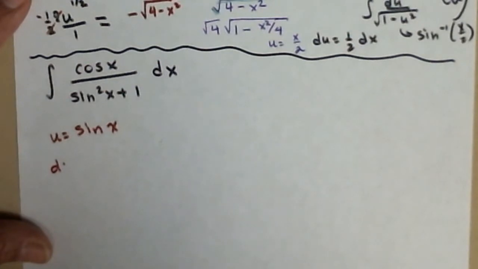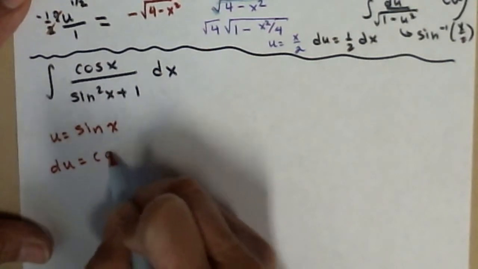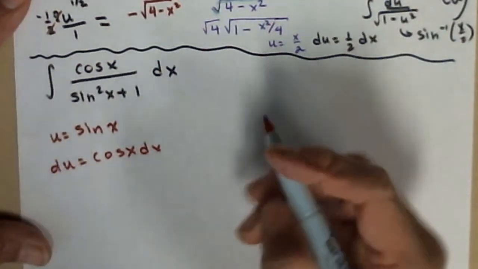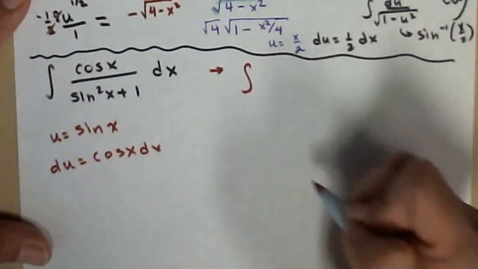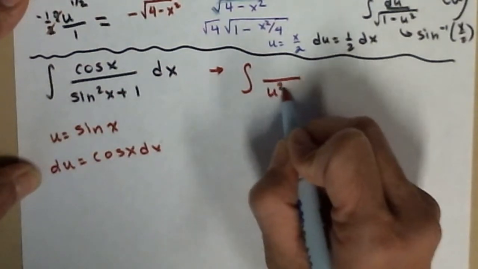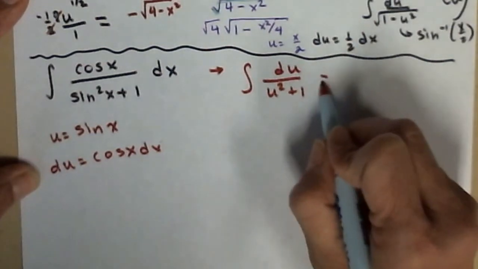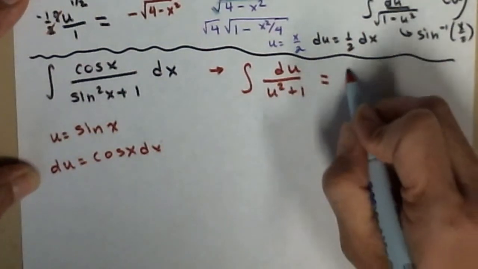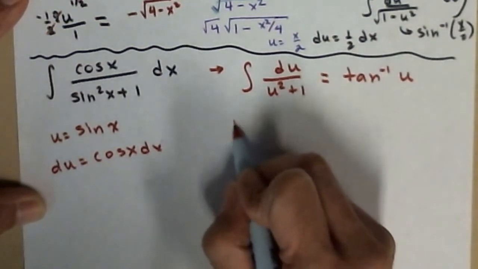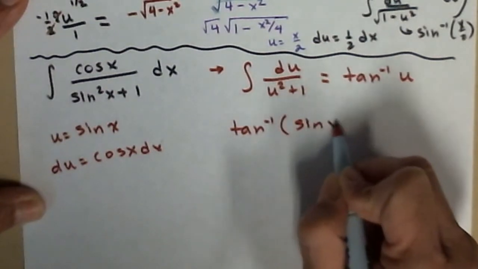What is that looking like to you? Okay, so du would be cosine x dx. Hey, I've got that. Yay! So now the integral of, change everybody over, u squared plus 1, du in the top. Well, that's my inverse tangent of u, which is now being played by sine of x.